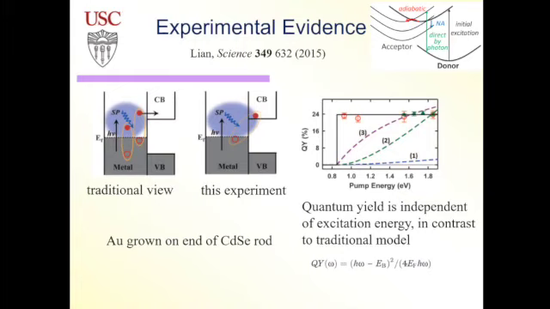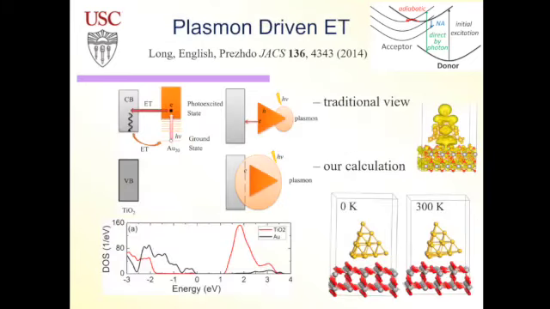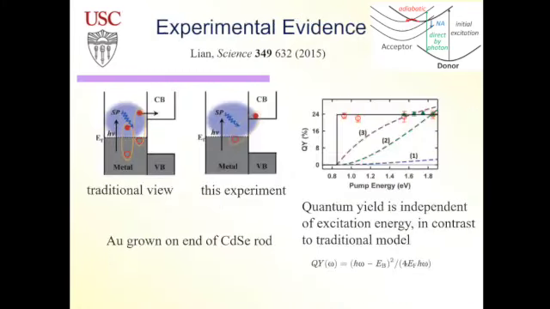But in his experiments, he did not see a dependence down to some threshold, which is the energy gap from the Fermi level of the metal to the conduction band edge. And he argued that this is an indication that you have a photoexcited, charge-separated state, that we saw in our paper a year before.